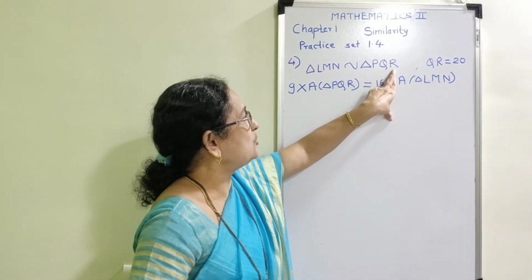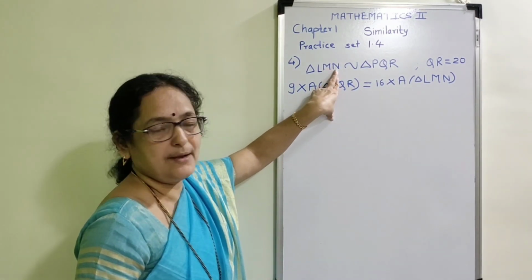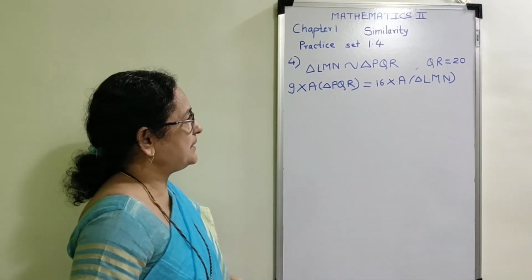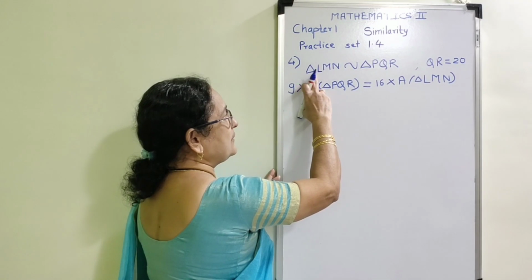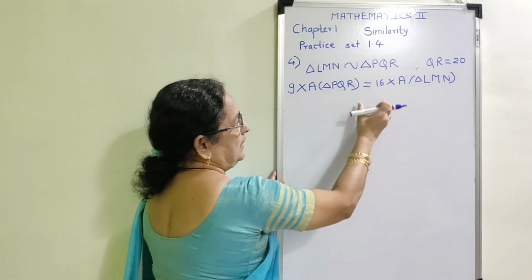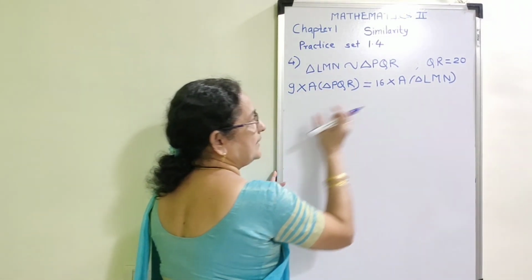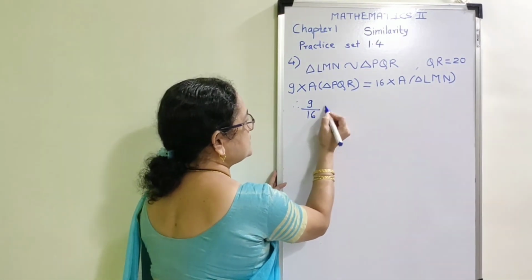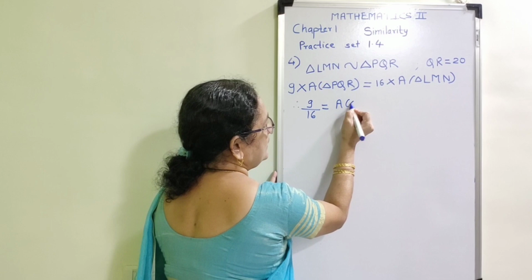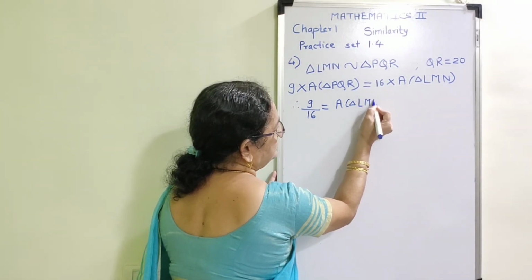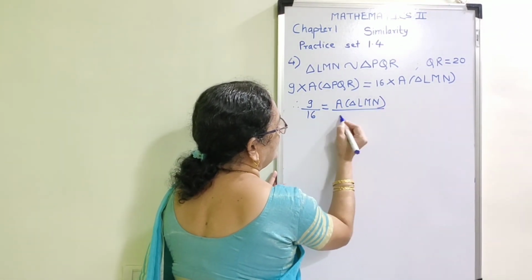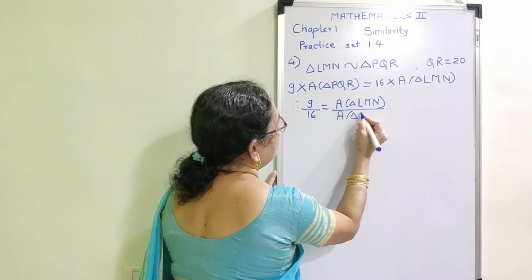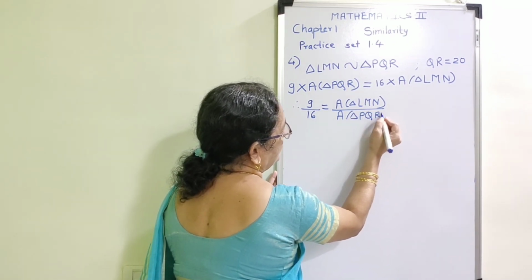They have given QR and you are going to find out MN. Now by given expression, since they have given first of all triangle LMN, I want to transpose triangle PQR on that side. I will get 9 upon 16 is equal to area of triangle LMN upon area of triangle PQR.